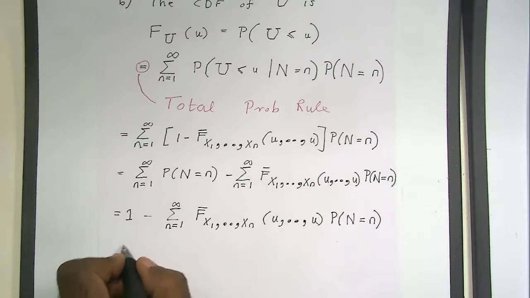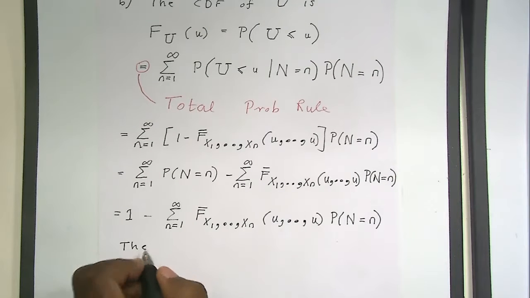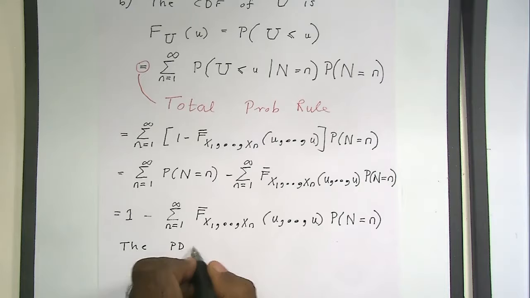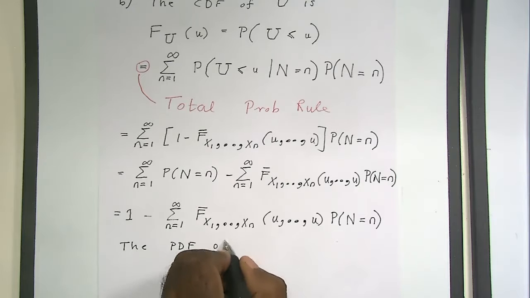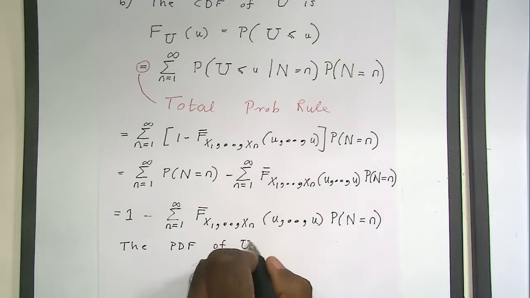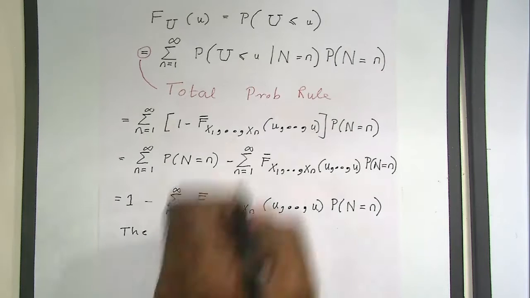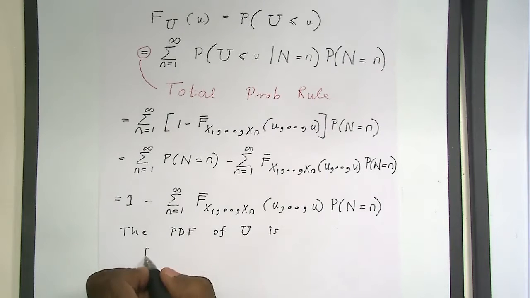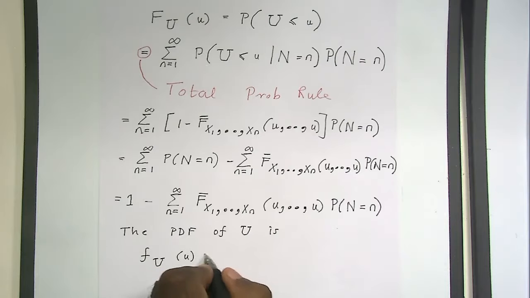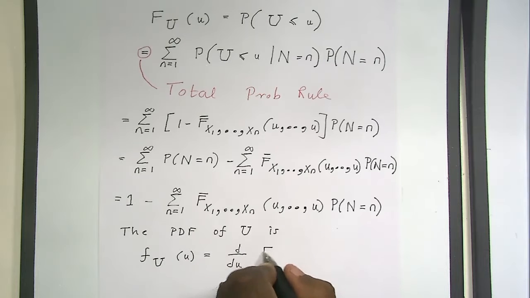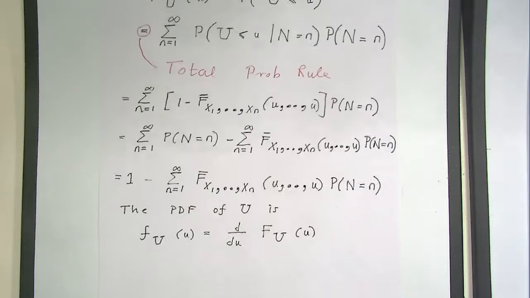Finally, for the PDF of U, it is going to be the derivative of this with respect to U. So if you differentiate this with respect to U, guys, what do you get?